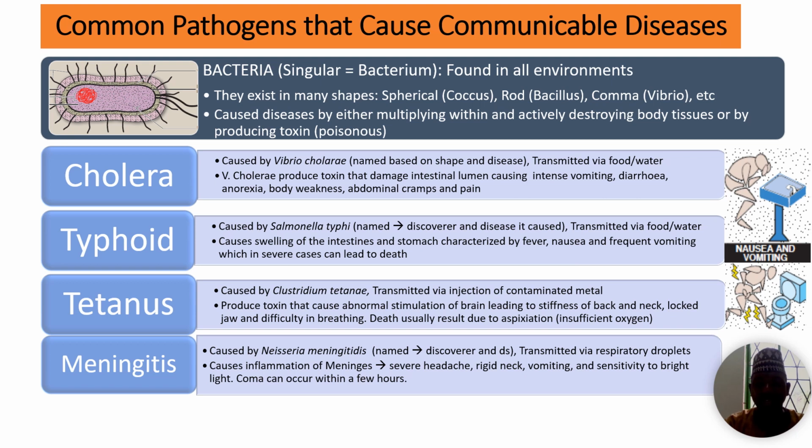In this case, the initial fever and body weakness can rapidly evolve into severe headache, rigid neck, vomiting, and sensitivity to bright light. When the symptoms progress, coma can occur within a few hours.